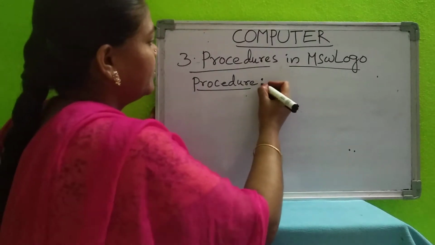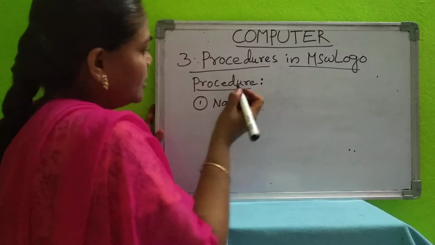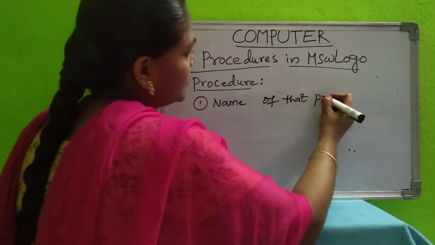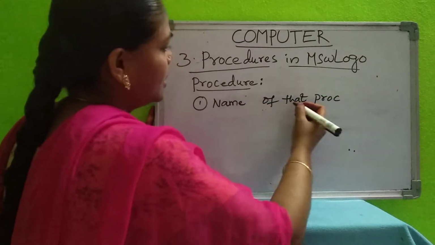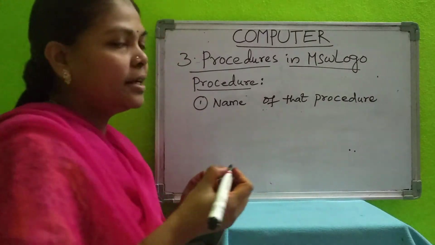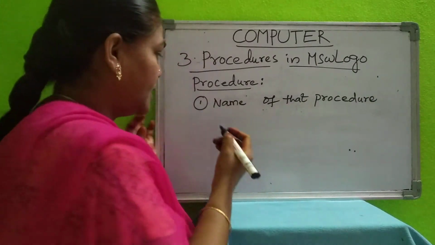The first step is the name of the procedure. We have to mention the name of that procedure. Suppose it is a square, then we have to give square. If it is a triangle, you have to write triangle. Or if it is a hexagon, you have to write hexagon there.